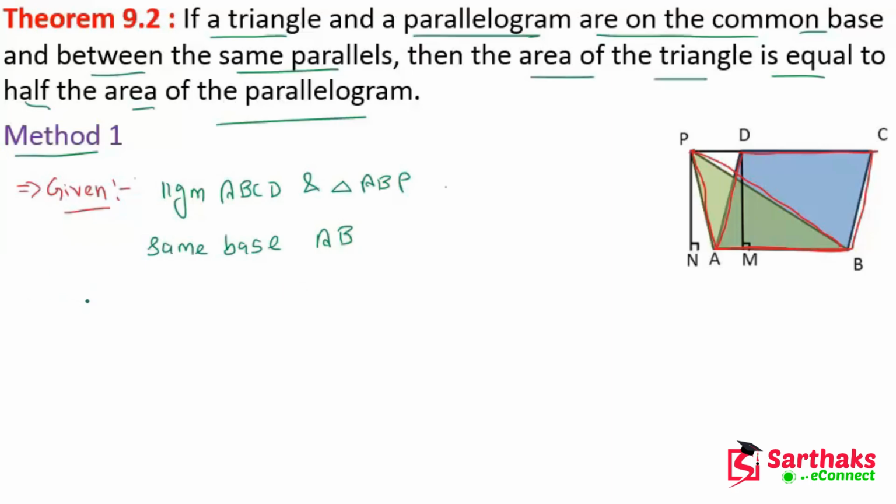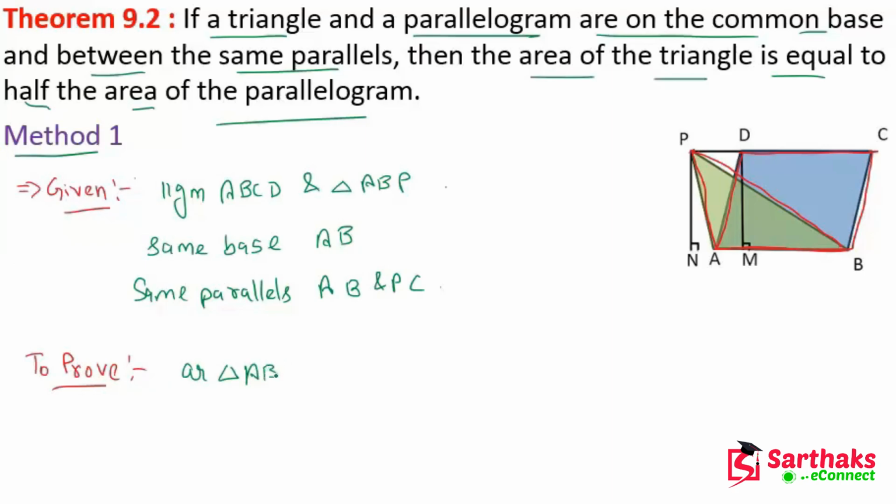The same parallels are AB and PC. I hope you get this point. And we have to prove that the area of triangle ABP is equal to half of the area of parallelogram ABCD.